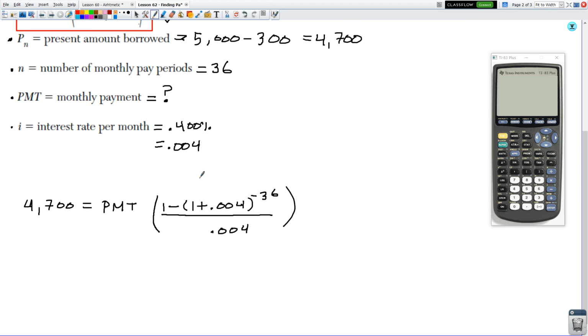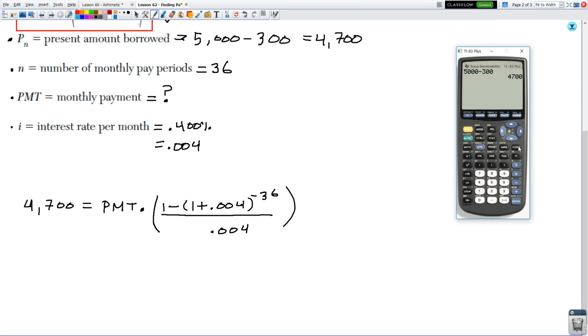How can we figure out what PMT is? Well, notice that here we're multiplying. This is nothing more than a big number. Let's figure out what this number is. One thing that I'm going to suggest is to first figure out what the numerator is, and then divide it by the denominator.